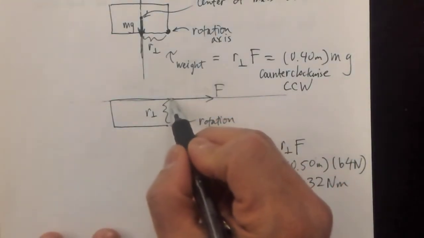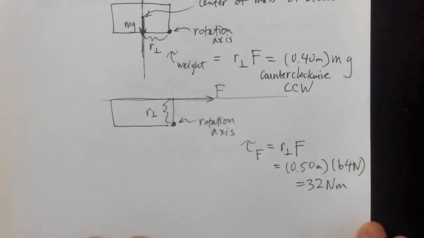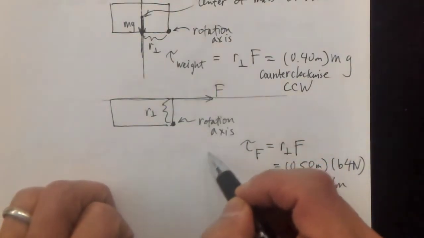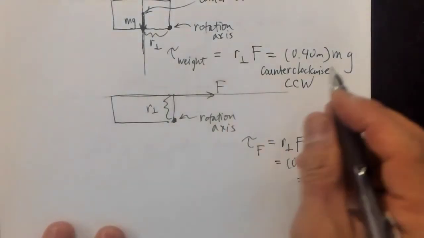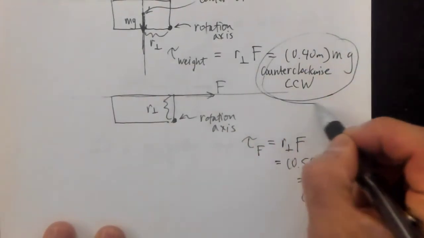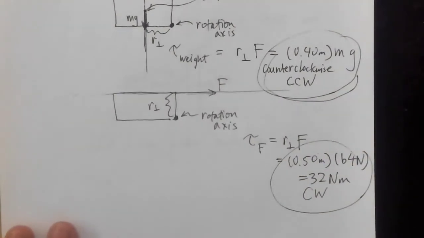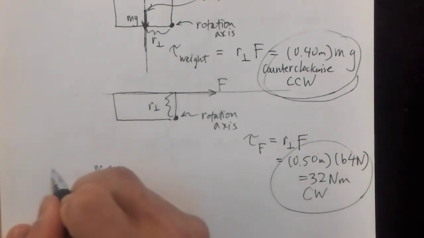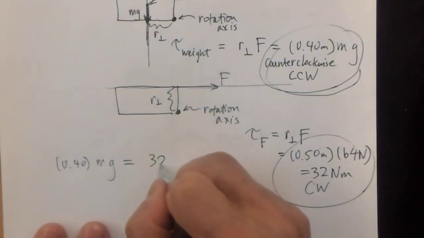And how about the torque due to this force here? Is it clockwise or counterclockwise? It's going around like this, so that's clockwise. So to say that the net torque is equal to 0, the sum of the counterclockwise torques is equal to the sum of the clockwise torques. So we have m times g times 0.4 is equal to 32.